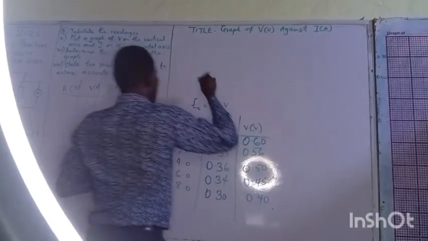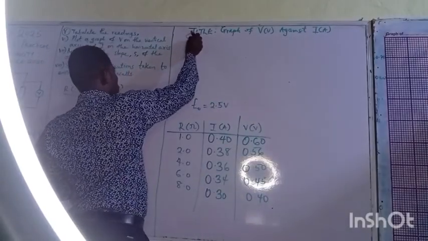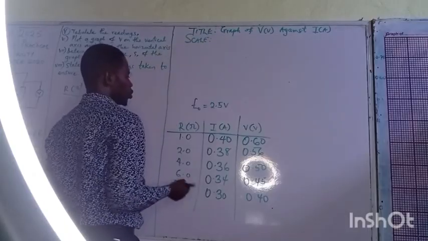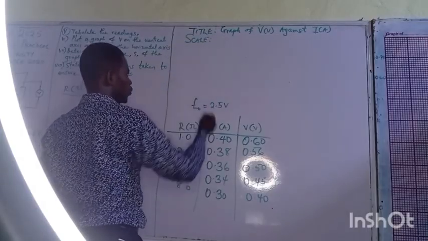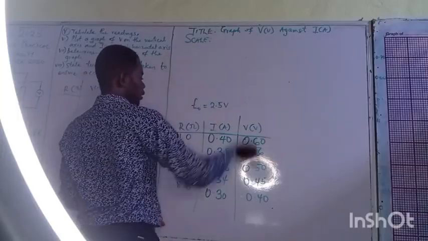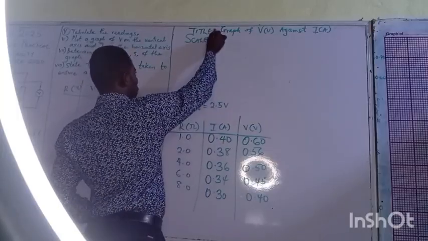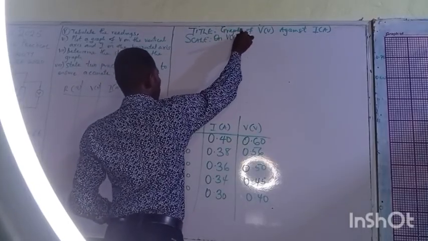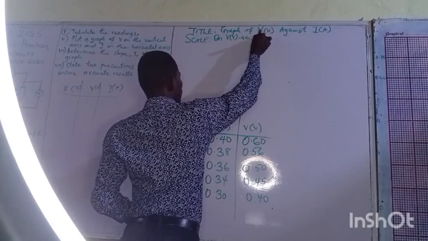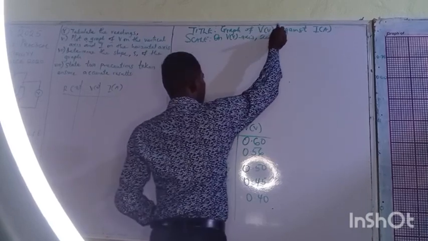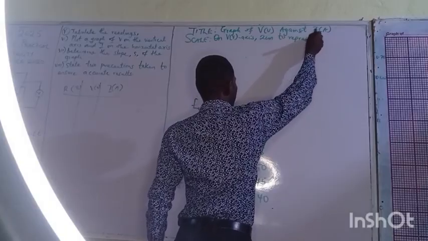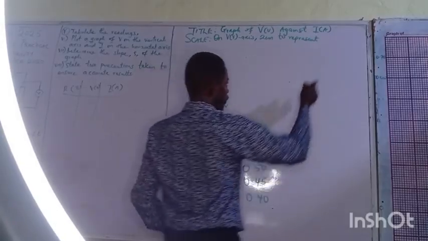The next will now be our scale. You will talk about your scale, but my own scale that I will use: on the vertical axis, I will use 2 centimeter on the V axis to represent 0.1 volts.